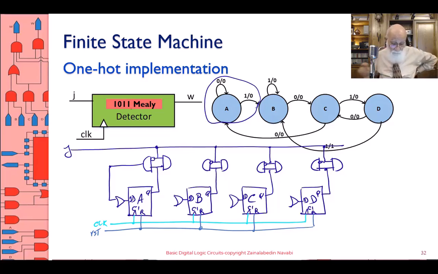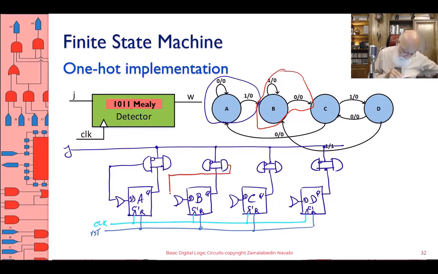All right, let's go to state B. State B, I'm going to be using this color. A 1 takes me back to state B. A 0 takes me to state C. Okay, let's do state C. State C is this one.